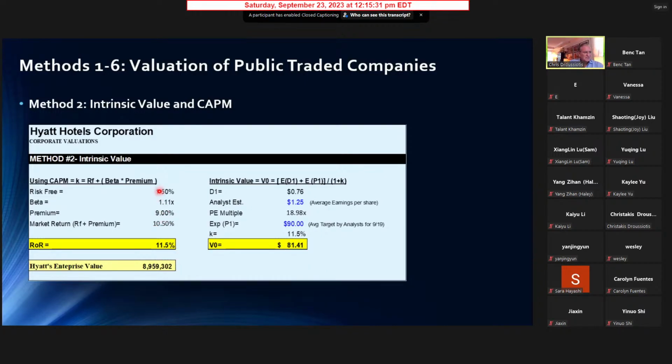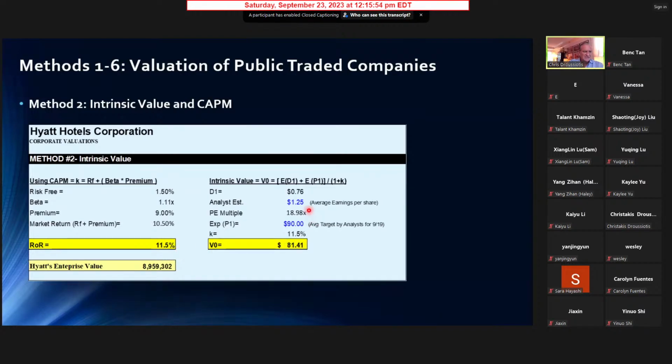That means if I take the risk-free rate at the time when I looked at the company, it was 1.5. Hyatt had a 1.1 beta, which means it's going to grow faster than the market by 10%, 11%. The premium of the market is 9%. And so if I do the calculation here, I come up with 11.5%.